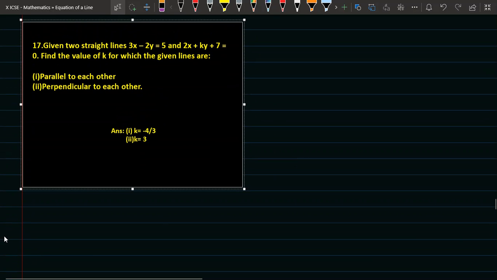Given two straight lines, 3x minus 2y is equal to 5 and 2x plus ky plus 7 is equal to 0. Find the value of k for which the given lines are parallel to each other and perpendicular to each other.